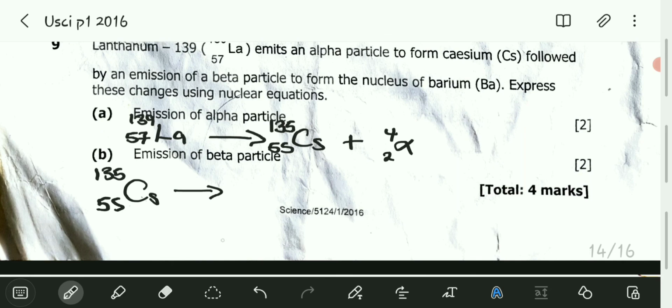The daughter is barium, and the atomic number will increase by 1, so 55 plus 1 is 56. The mass number remains the same, 135, plus the beta particle with the -1 and 0 on top. So these are the two equations that the examiner wanted you to deduce.